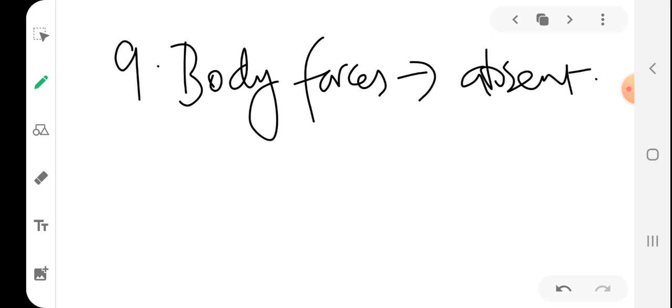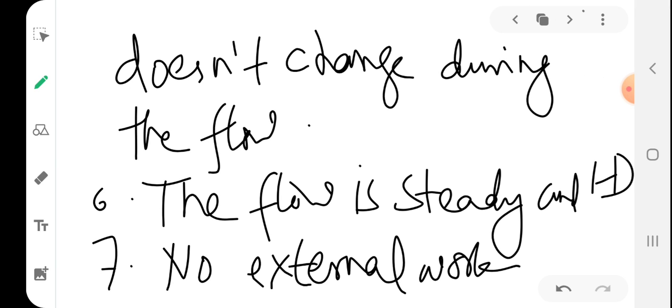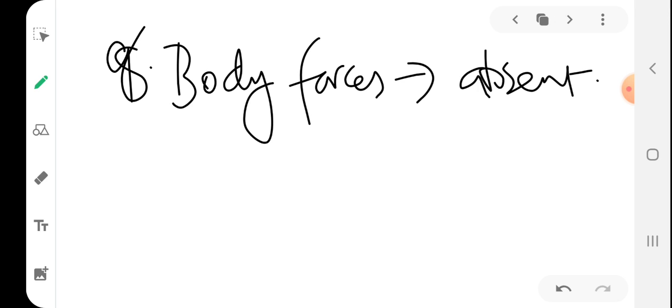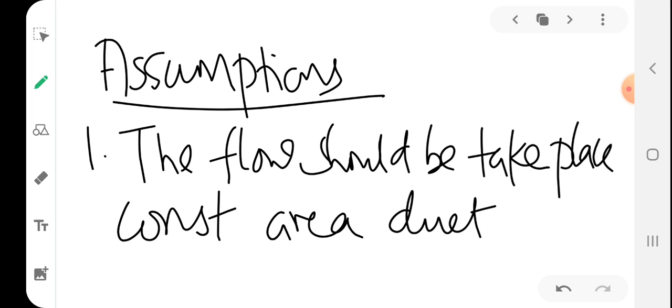So these are the assumptions required, the characteristics of a Rayleigh flow. Only heat transfer is the main driving potential.